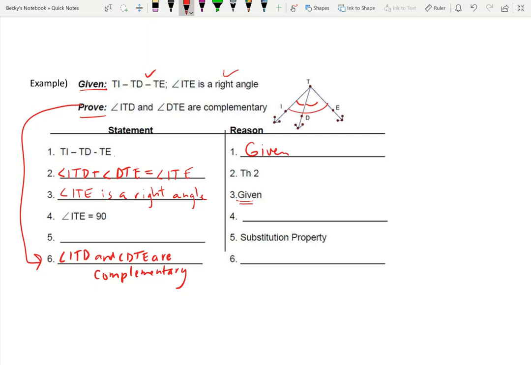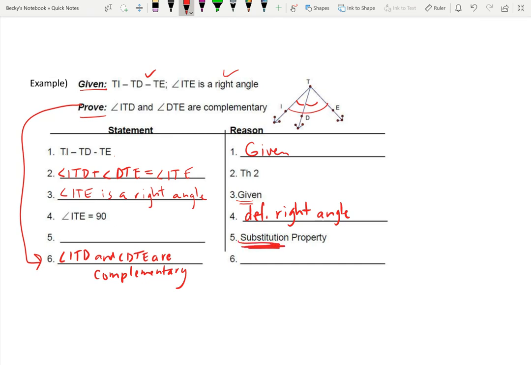I know that you know that, but mathematically, what reasoning can I put that I know a right angle is 90 degrees? Well, that's going to be the definition of a right angle, because if you didn't know the definition of a right angle, you wouldn't understand that right angles are 90 degrees. So, that's it.